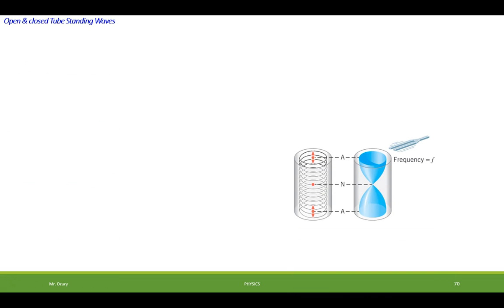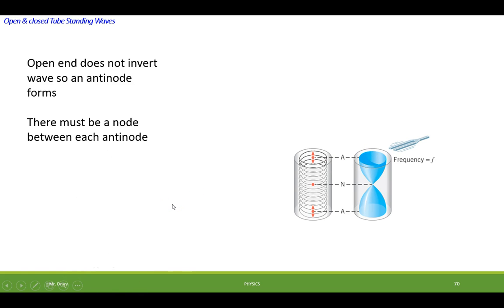All right, let's try another one. This time we're going to do a standing wave in a tube that's open on both sides. So the end of it doesn't pinch the air waves, so an antinode forms on both ends because it's open on both ends.